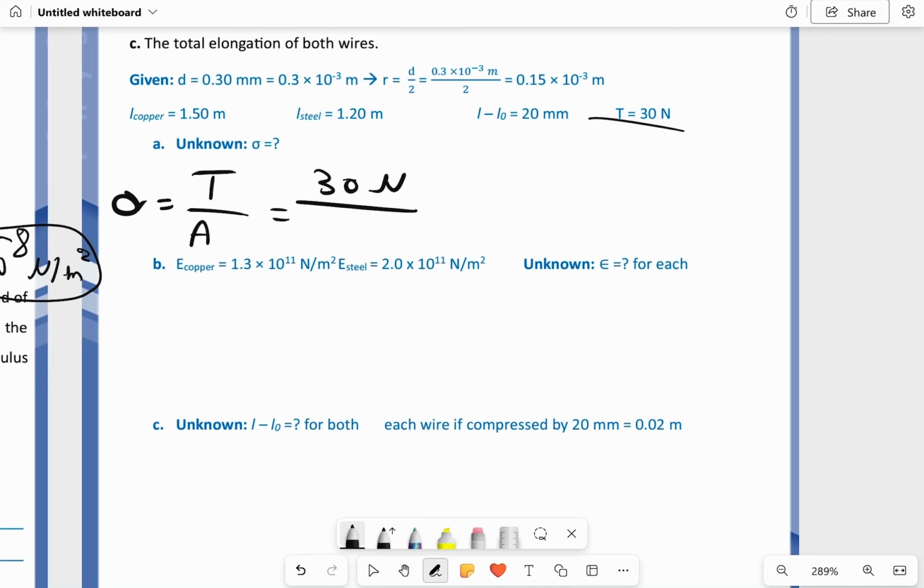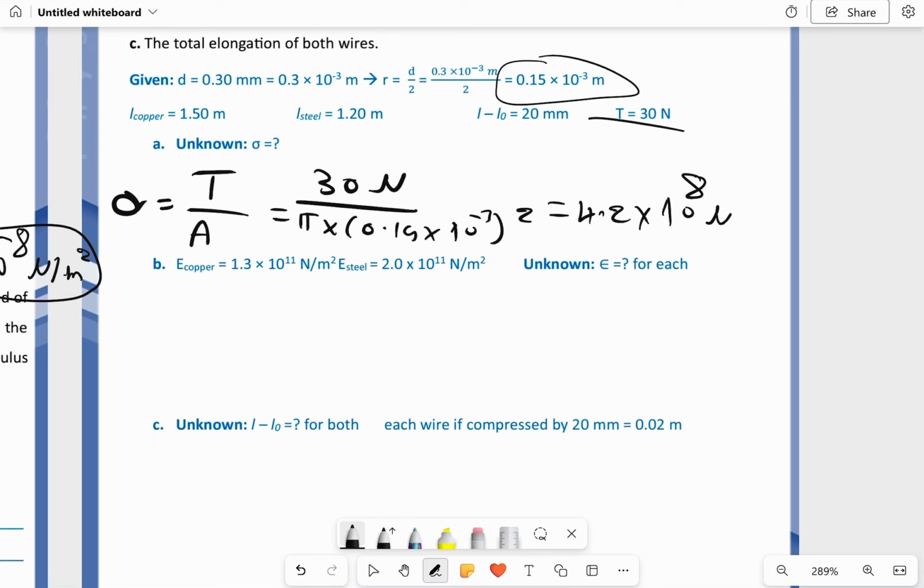Do I have radius? No, but I can find it. Radius is equal to 0.15 times 10 to the power of minus 3. So pi multiplied by 0.15 times 10 to the power of minus 3 squared, all of it. Then what will be the final result? The final result will be 4.2 times 10 to the power of 8 Newton per meter squared.